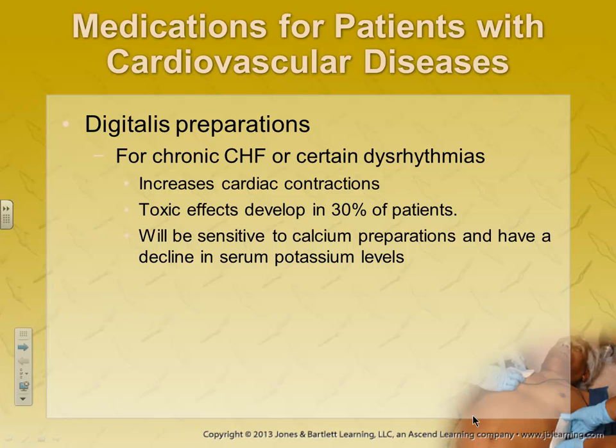One of the properties of DIG is that it increases cardiac contractions. Why would that be important for a CHFer? Right. The cardiac muscle needs a little extra help to get that cardiac output out, right? So it would actually be a positive inotropic agent.